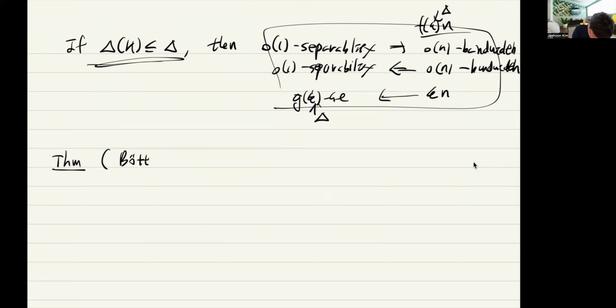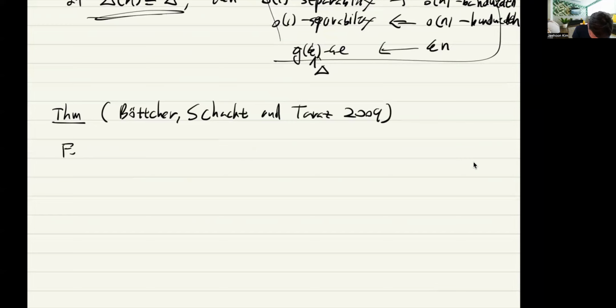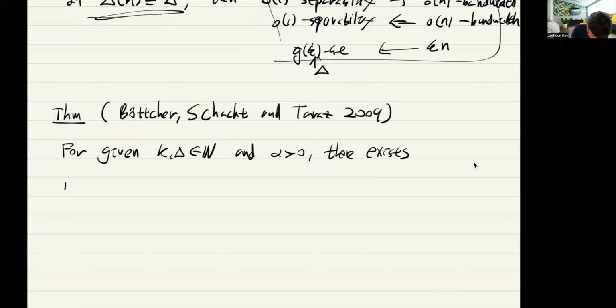explain later. So Böttcher, Schacht, and Taraz proved a conjecture by Bollobás and Komlós, which is now called the bandwidth theorem. So for given k, delta, and alpha, there exists a positive eta and n0. Okay, let's write it this way.